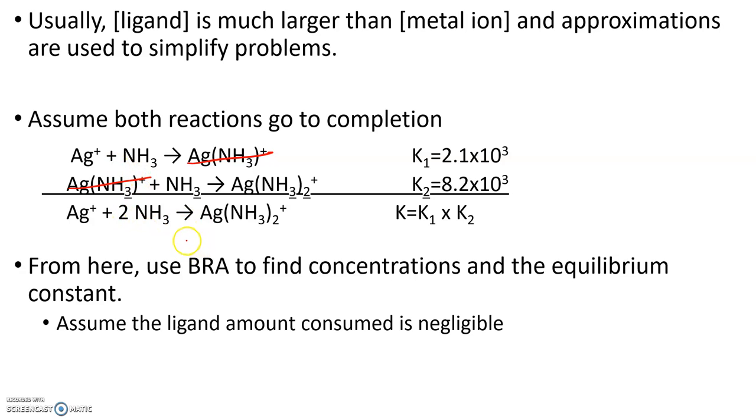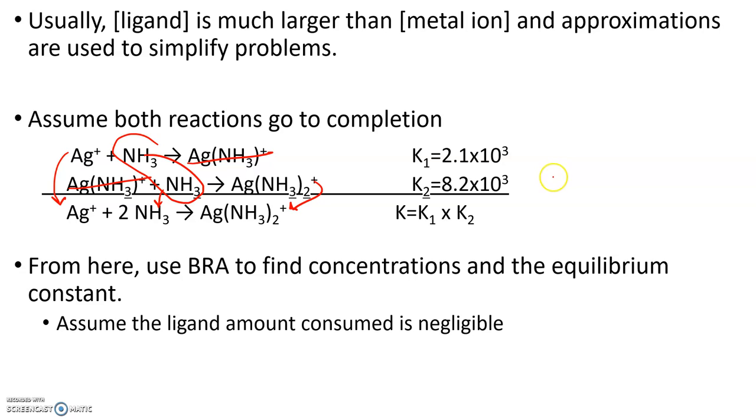Hopefully you remember this a little bit from kinetics. We also did it at the beginning of the equilibrium unit. You're left with one silver ion, two ammonias added together, and this final complex ion.